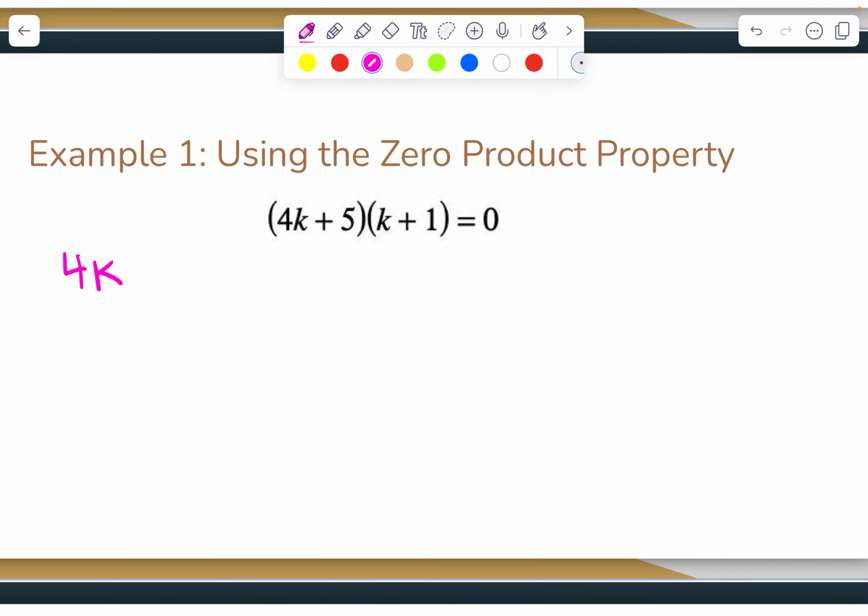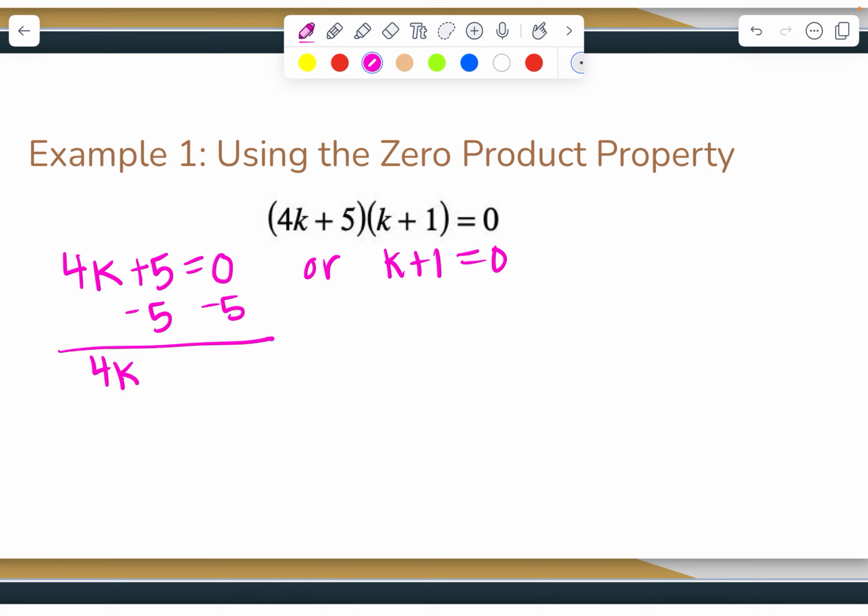(4k plus 5) times (k plus 1) equals 0, which means either 4k plus 5 equals 0 or k plus 1 equals 0. So solving these, we'll take 5 from both sides. So 4k is -5.